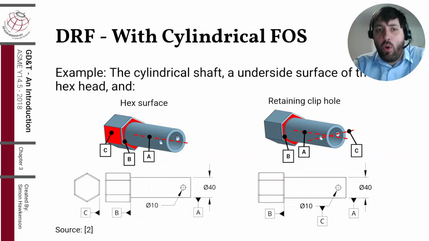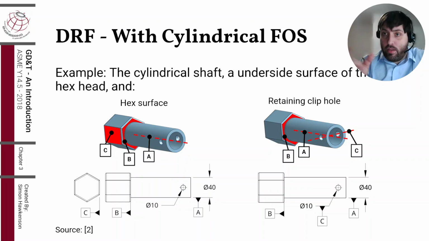There's a hole for the retaining clip, and that is clearly more important than the hex head. It's also a mating surface because that's where the retaining clip mates through. So to be clear, that's this hole right here. So I would personally choose the retaining clip hole as a third datum feature.